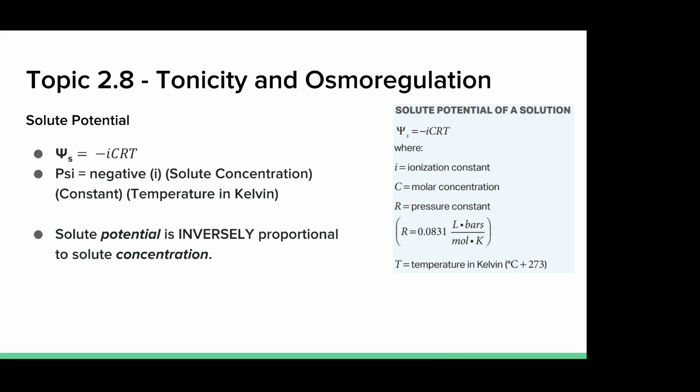Solute potential is equal to negative i, capital C, capital R, capital T. This talks about what is dissolved in that water. So psi S, or solute potential, equals negative i.